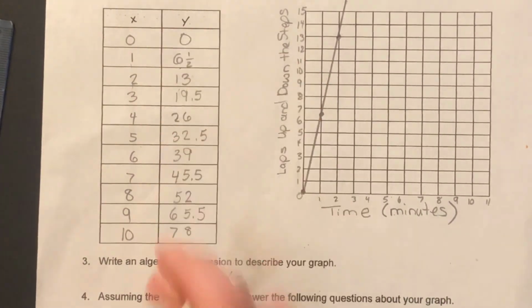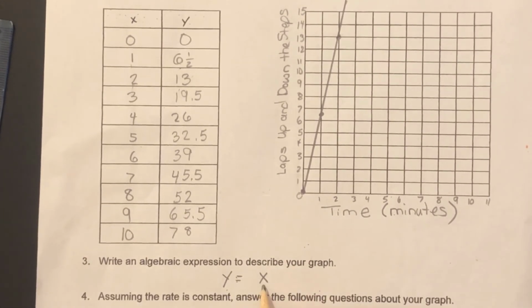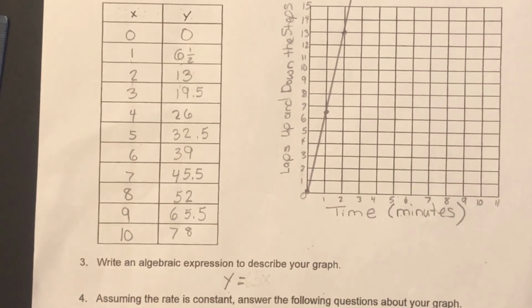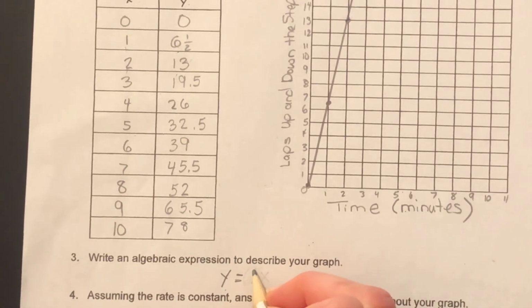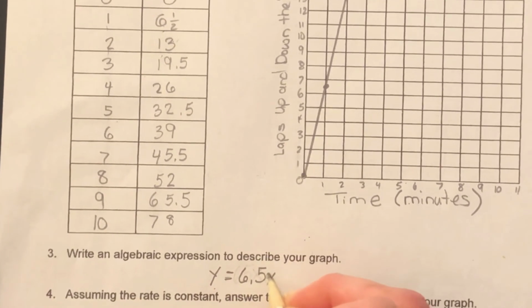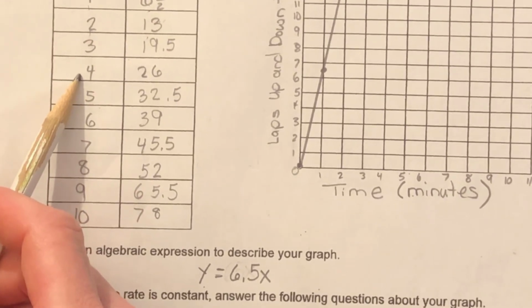So that's why y equals. For every 1 minute, I ran 6.5 laps. Y equals 6.5 times x. Whatever this value is, you multiply it by 6.5 and you get that.